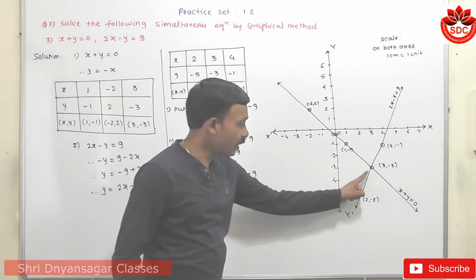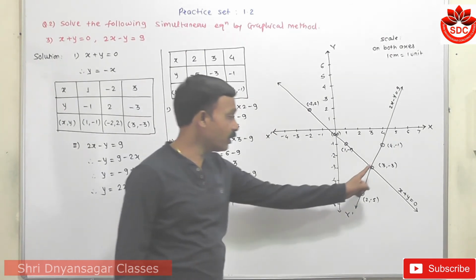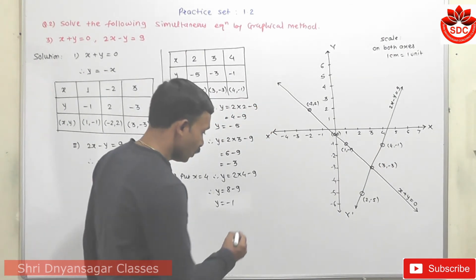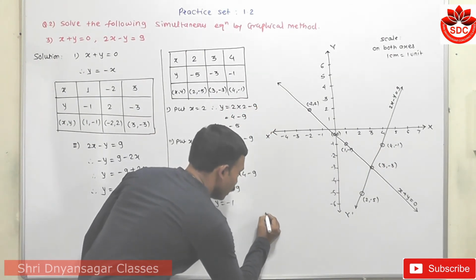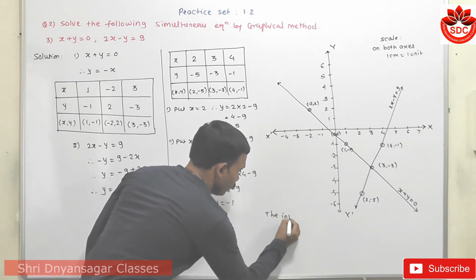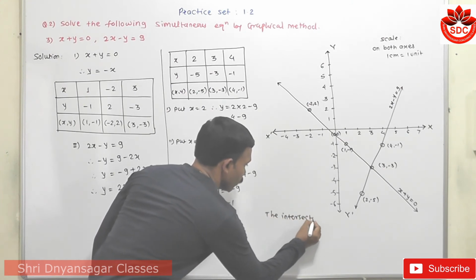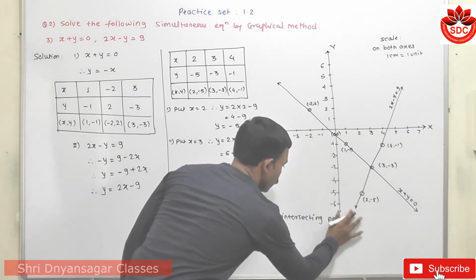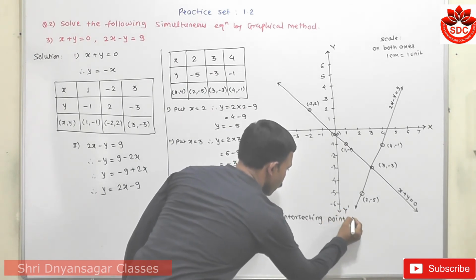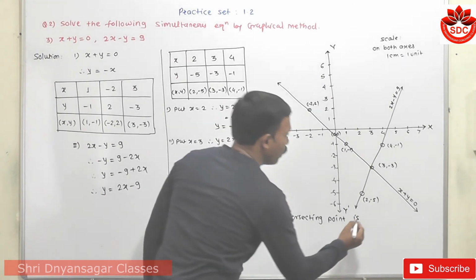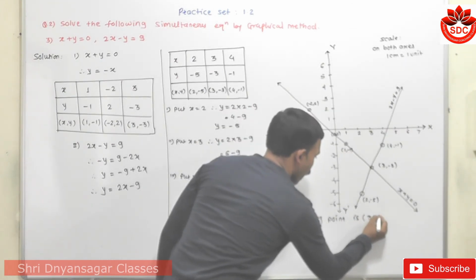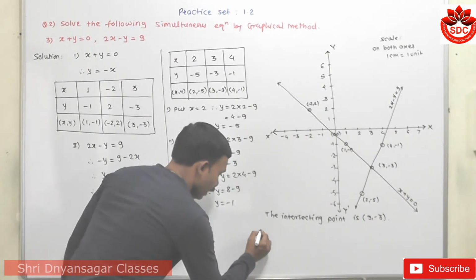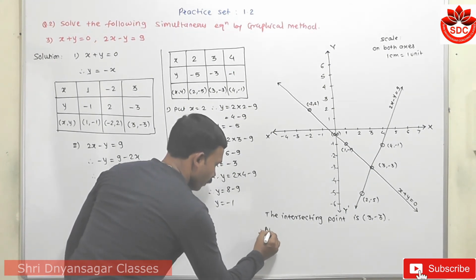These two lines intersect in one point, and this point is 3 and minus 3. So here I have to write the intersecting point. Intersecting point is 3 and minus 3.